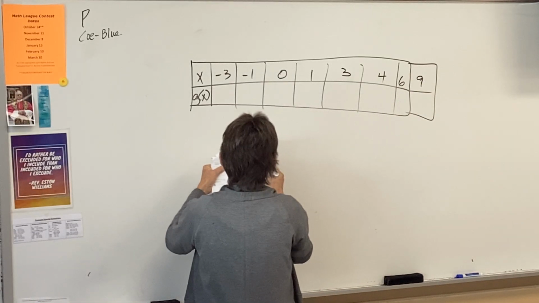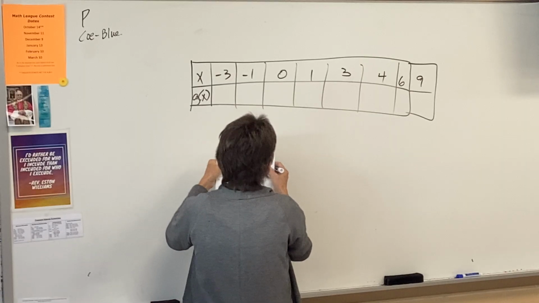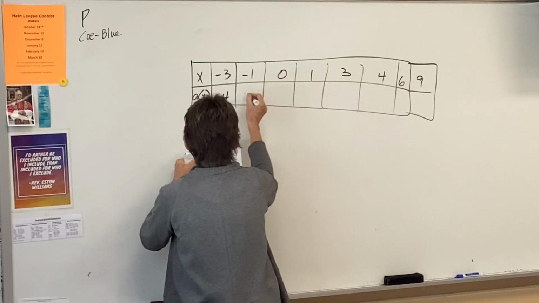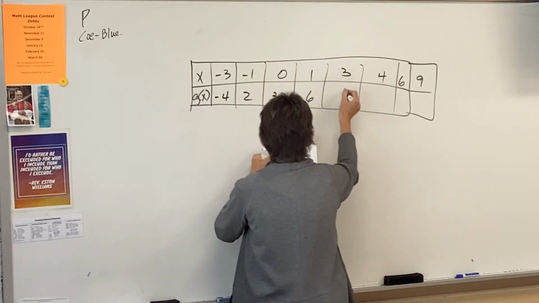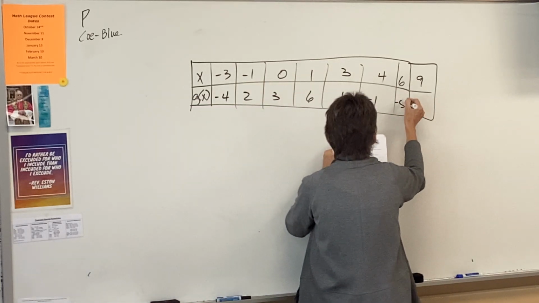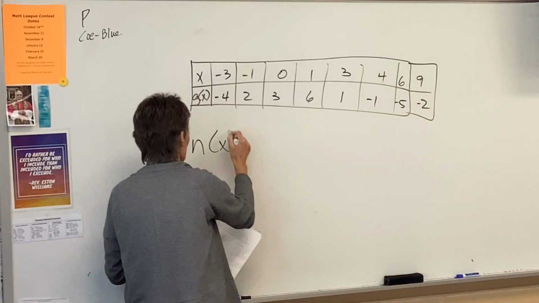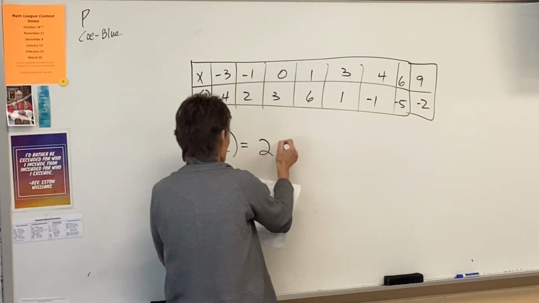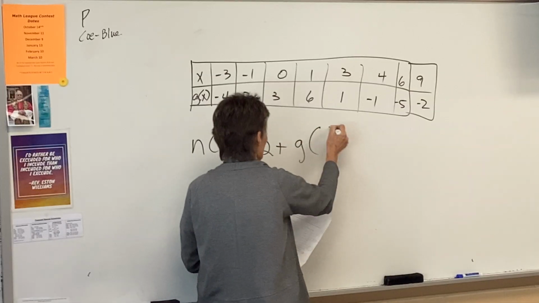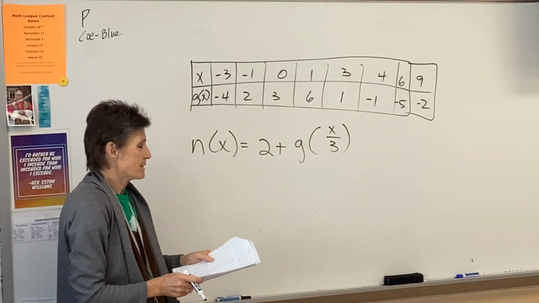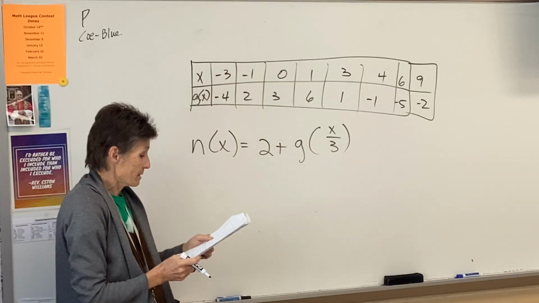The question number 2 involves function n. Okay, so it says n is this new function, which is a variation of function g. So we did some of these yesterday or some other day.